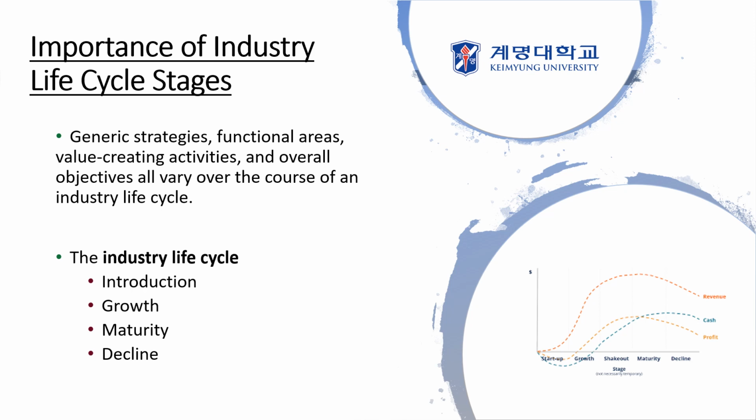Managers must strive to emphasize the key functional areas during each of the four stages and to attain a level of parity in all functional areas and value. Take note, products and services go through many cycles of innovation and renewal.